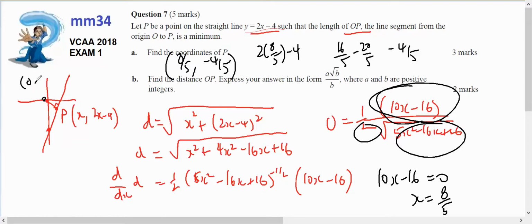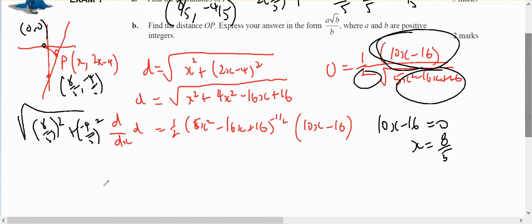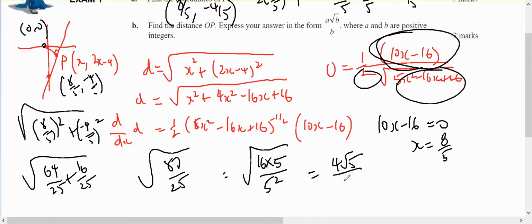Well, if I'm going from 0, 0 to 8/5, minus 4/5, it's going to be the square root of 8/5 squared plus negative 4/5 squared, which is the square root of 64 on 25 plus 16 on 25, the square root of 80 on 25, which is the square root of 16 times 5 on 5 squared, which is 4 root 5 on 5.